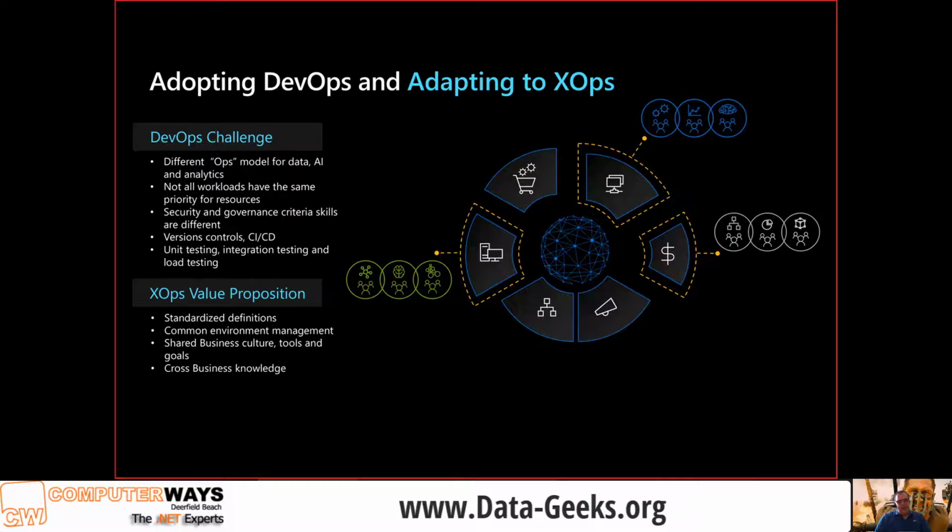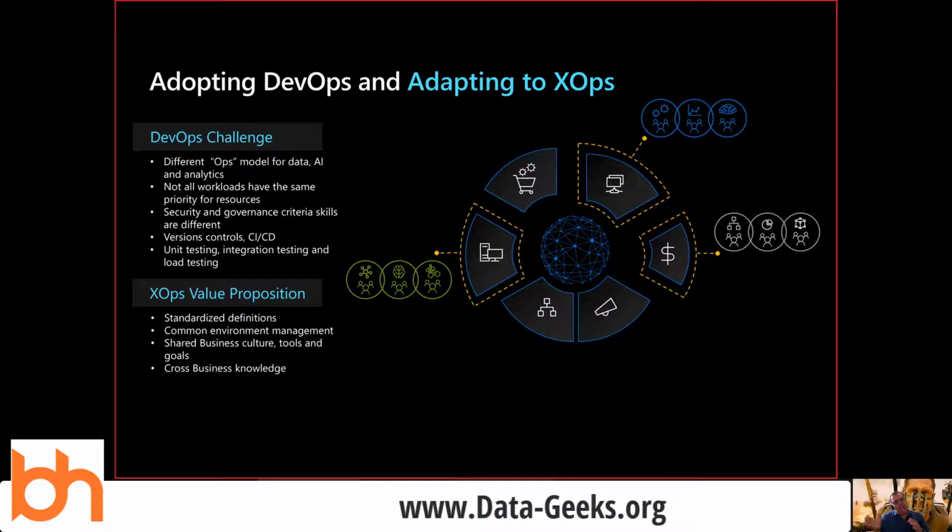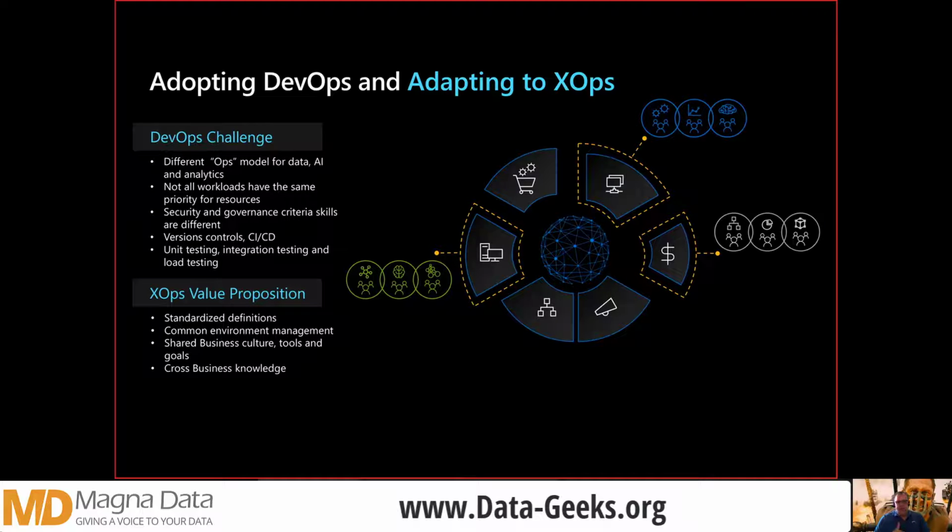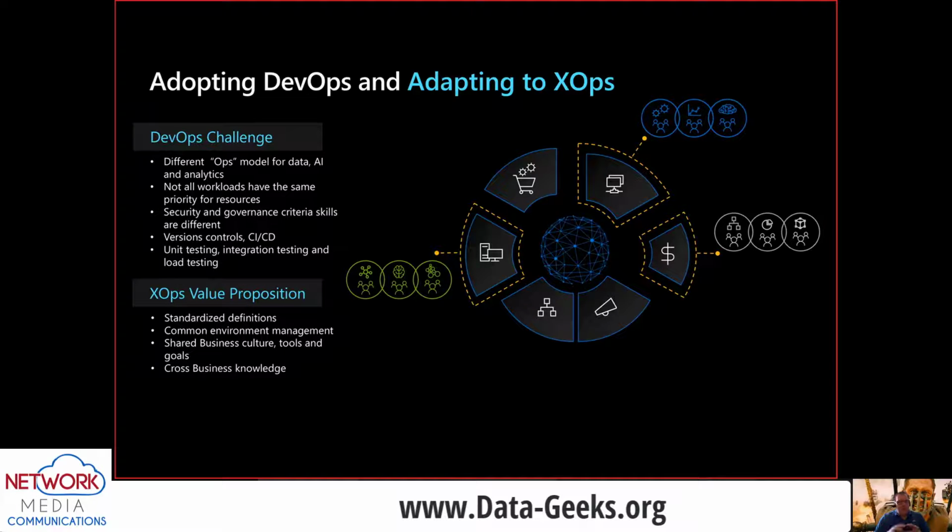One of the main drivers, and this links back to the beginning of the slides when we talked about the analytics adoption paradox, is shared business culture. Having a universal framework for your operational patterns gives you the ability to have a shared vision and a shared business goal.